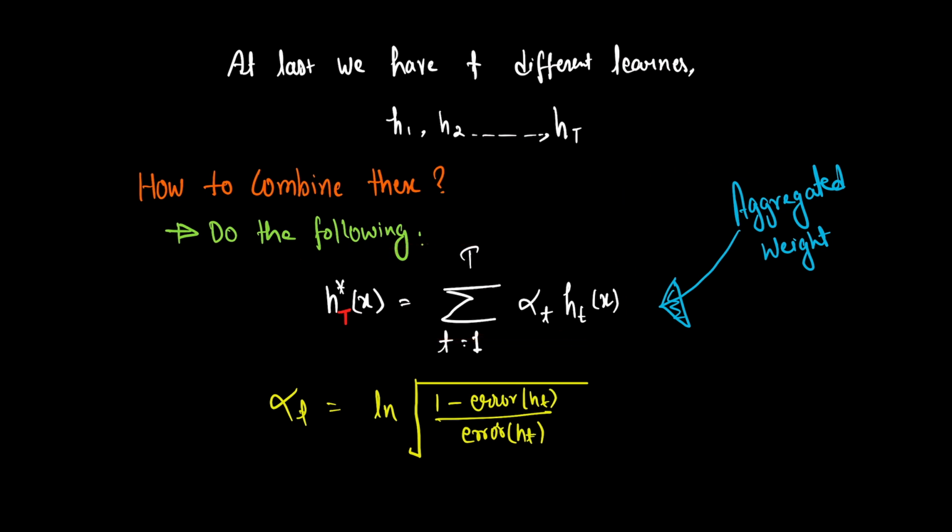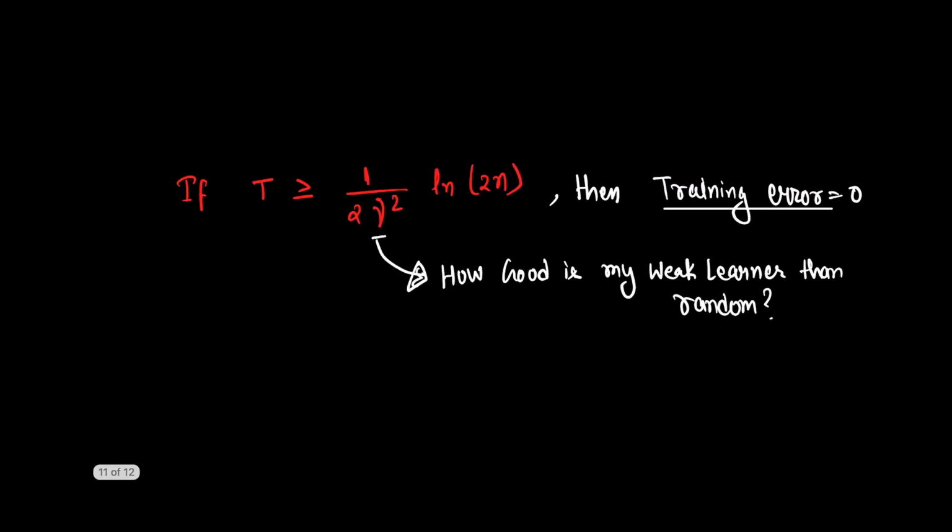The idea was to start from a weak classifier and reach a strong classifier. Here alpha_t is the natural log of (1 minus error of h_t) upon error of h_t. So this is alpha_t, which came here and here also.